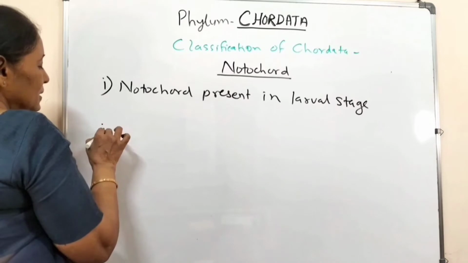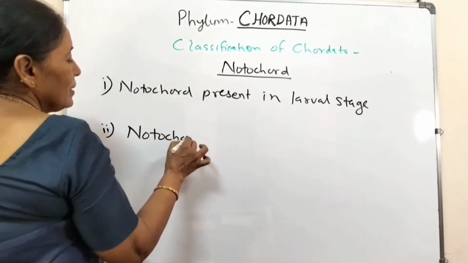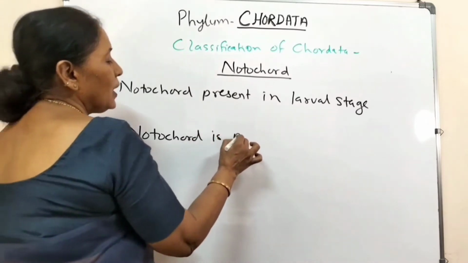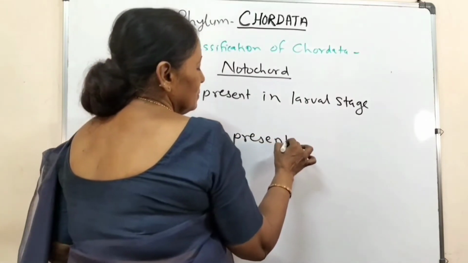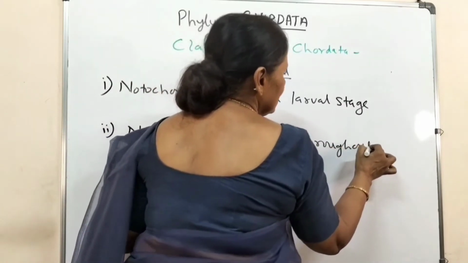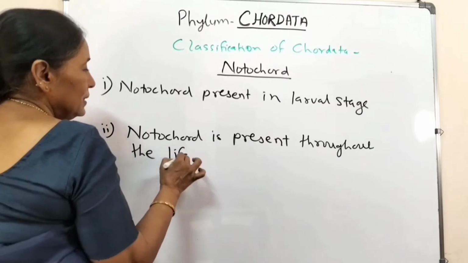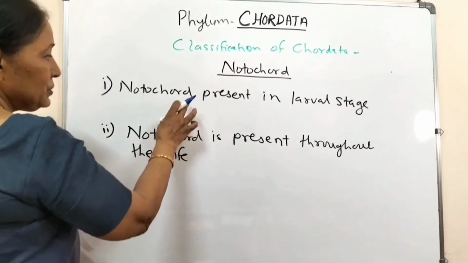There is a second condition where this notochord is present throughout the life. It stays for the whole life. This is another condition. Here in the first it is finished, it is not there in the mature adult.